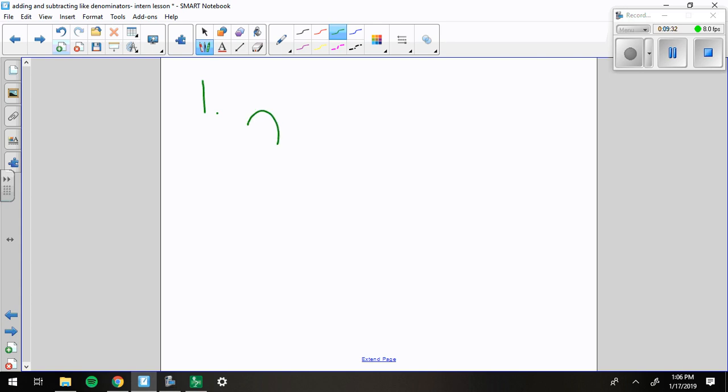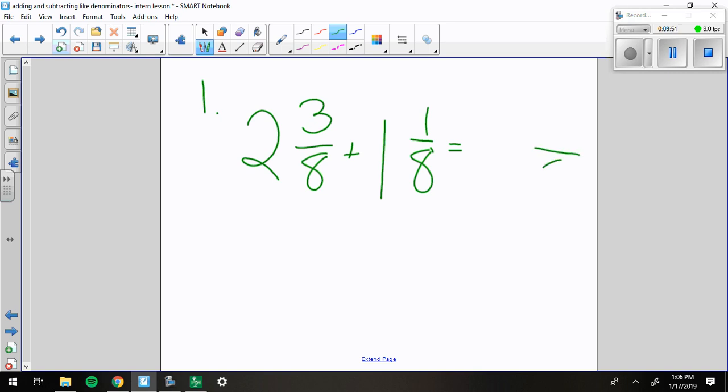If I have 2 and 3/8 plus 1 and 1/8, what I would do is exactly what I would do with just fractions. I would keep my denominators the same. The denominator is always going to be 8, and add my numerators. 3 plus 1 equals 4.